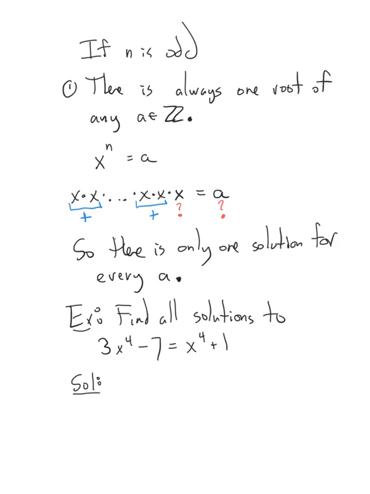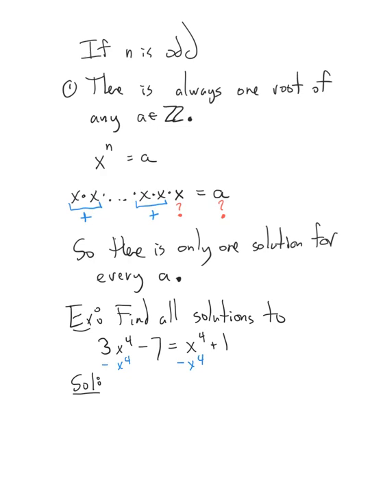Well, let's go ahead and solve this so that it looks like x to the something equals a number. Okay. So, what do we get? All right. So we'll subtract x to the 4th from both sides. And that will give us all our x to the 4th on the left-hand side.